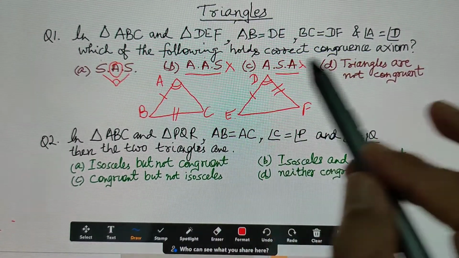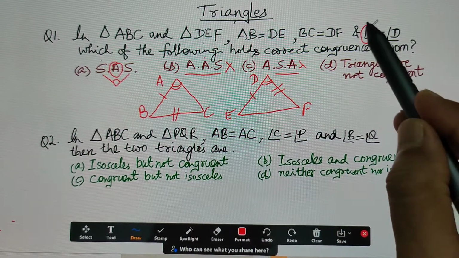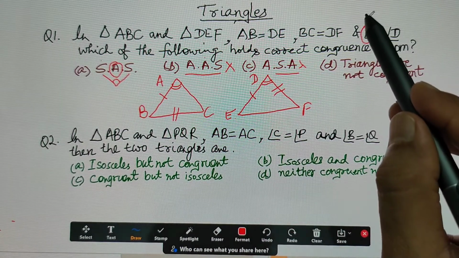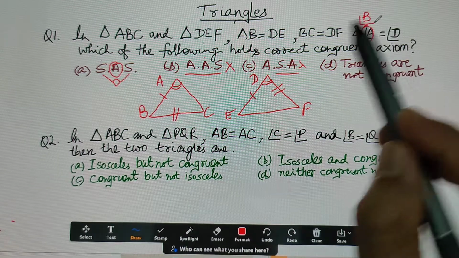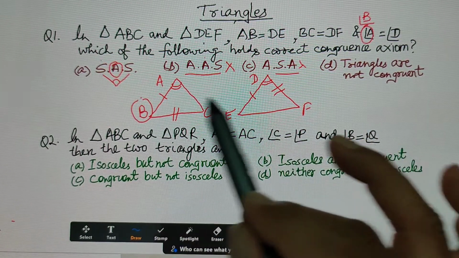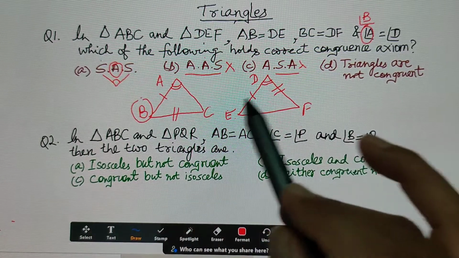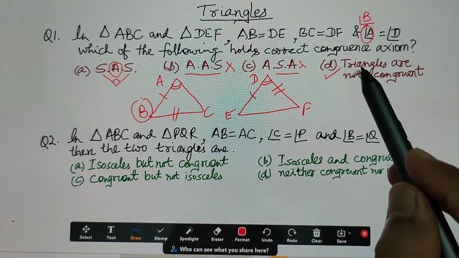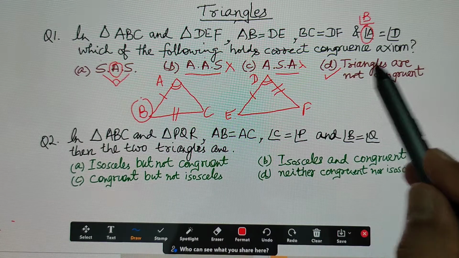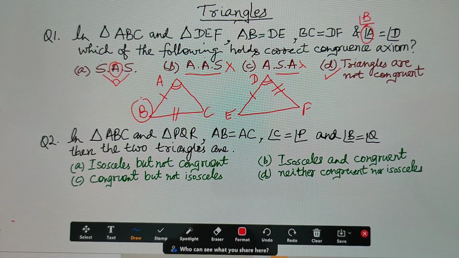Instead of angle A, the common angle should have been angle B. Then only these two triangles were congruent by side angle side. So option D is the right answer, where these two triangles are not congruent to each other.